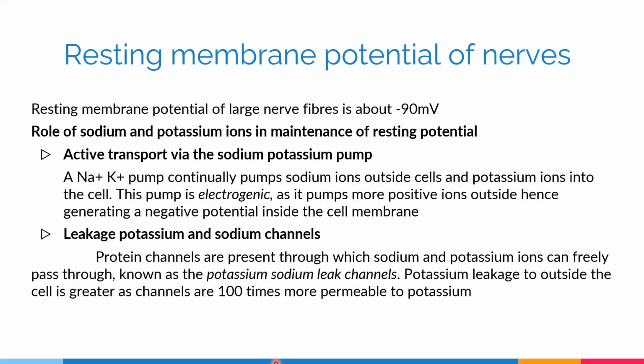Potassium leakage to outside the cell is much greater, as the membrane is 100 times more permeable to potassium than sodium. Thus, given time, 100 times more potassium ions will try to diffuse out of the membrane than sodium ions will try to diffuse into it.